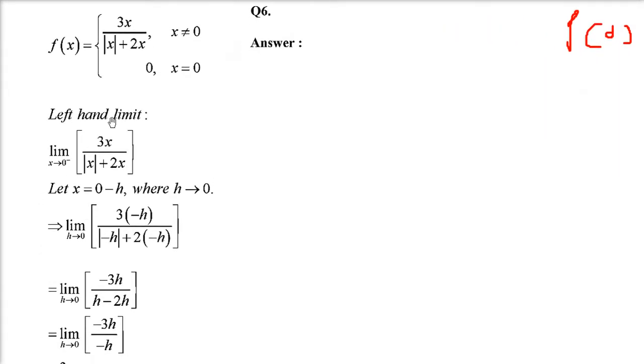So let me show you the left hand limit. Here x equals a minus h, you have to write it. Critical point is 0, so x will be 0 minus h. And 3 into 0 minus h is minus h only. So 3 into minus h by mod minus h, plus 2 into minus h. Now you don't have to do anything with x, you have to work with h, and h tends to 0 because you have already put x equals 0 minus h.